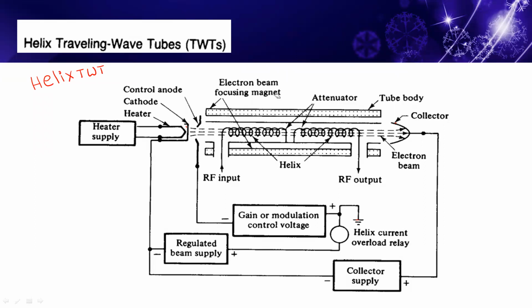We have various slow wave structures. In upcoming classes, I will talk about slow wave structures. So in this class, we just start with a brief idea about the helix traveling wave tube. Take a snapshot.